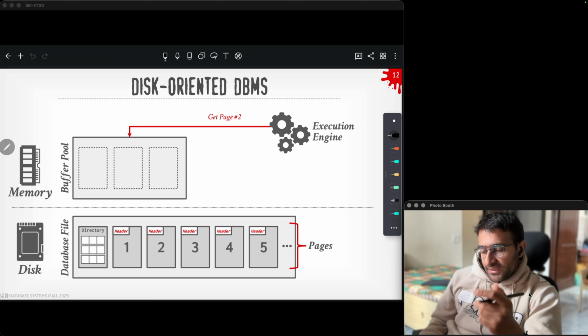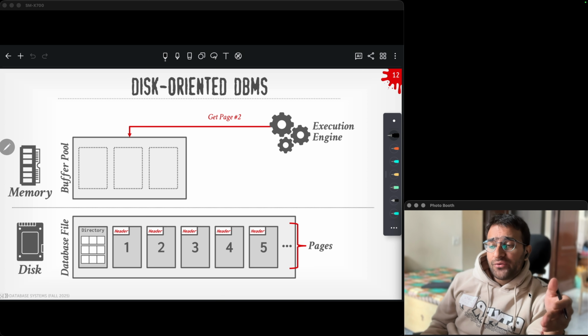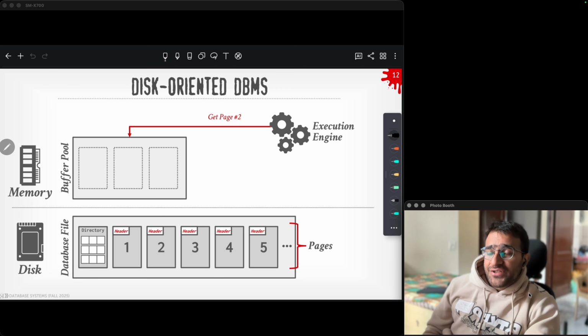But you can also design a system where you have multiple directories and multiple files, with one file for each table or one file for each database. It all depends on the use case, like what kind of system you have in mind.